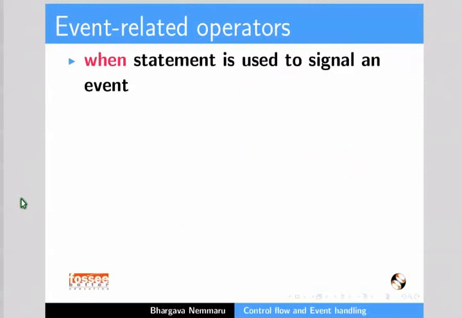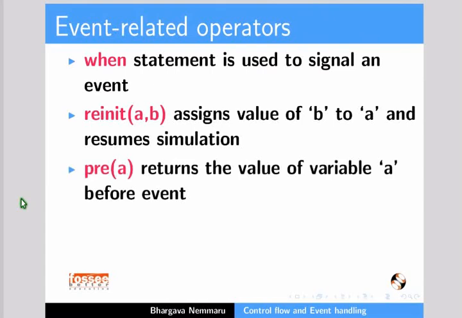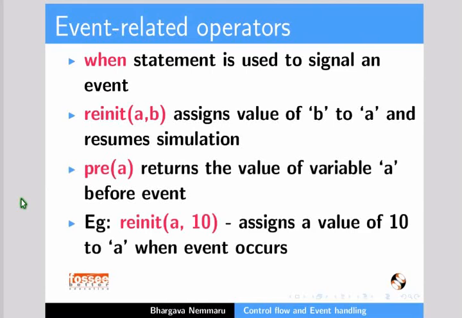When statement is used to signal an event, reinit of a, b assigns value of b to variable a and resumes simulation. Pre of a returns the value of variable a before event. For example, reinit of a, 10 assigns a value of 10 to a when event occurs.